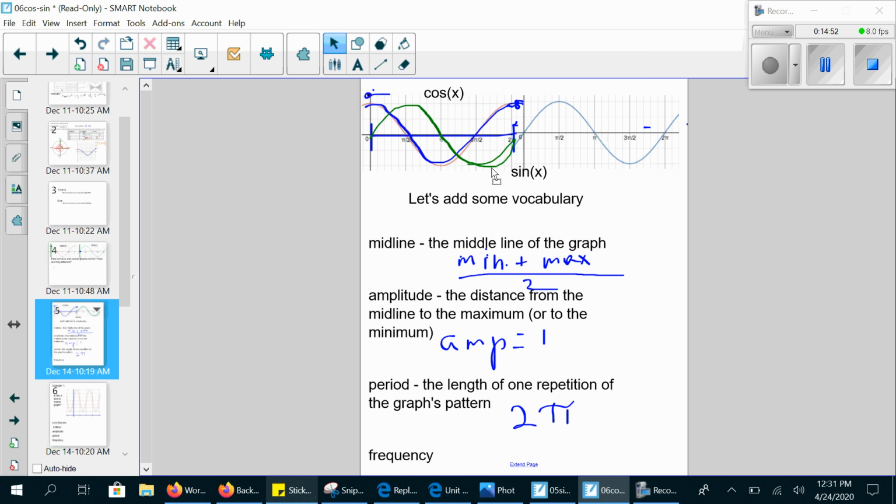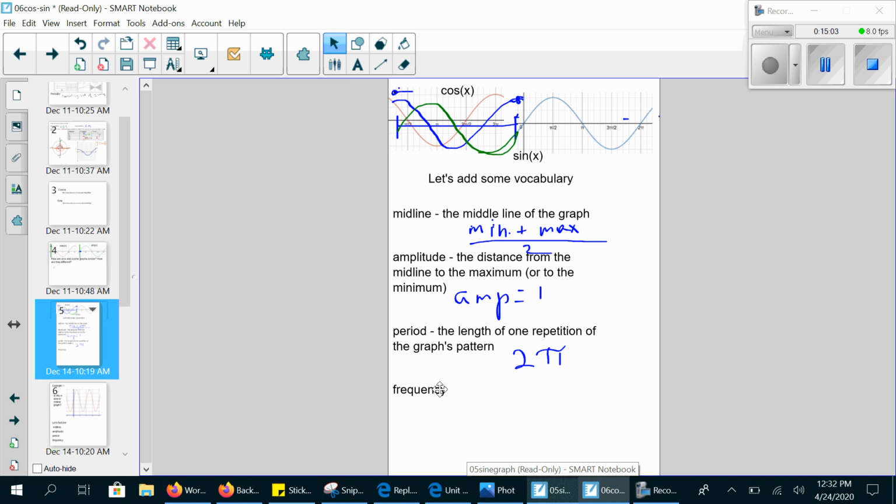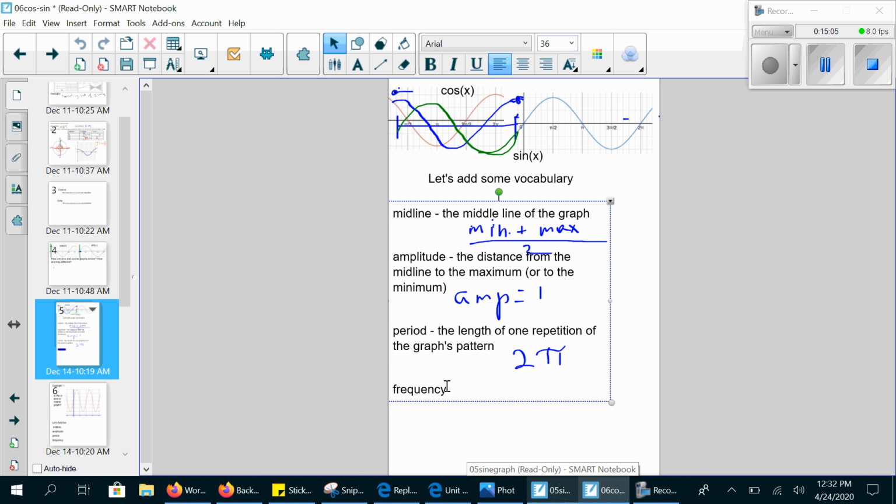I could move it over and see that that would be the sine wave over and over again. So that's period, and then frequency is the number of times that the pattern repeats between 0 and 2 pi.